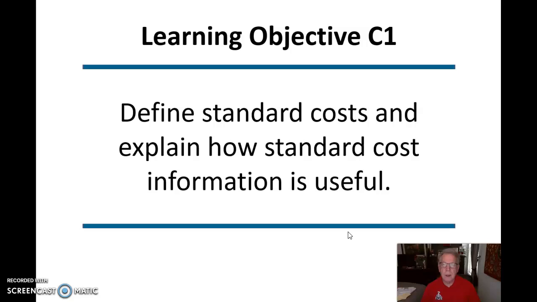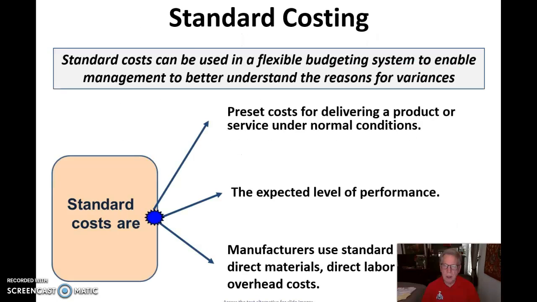Okay, now let's take a look at defining standard costs and explaining how that standard cost information is useful. Standard costs can be used in a flexible budgeting system to enable management to better understand the reasons for those variances. Very important.